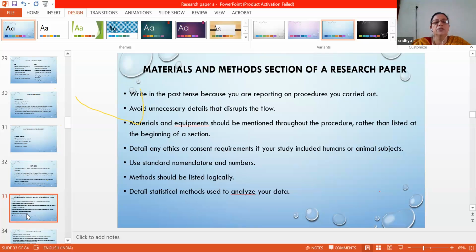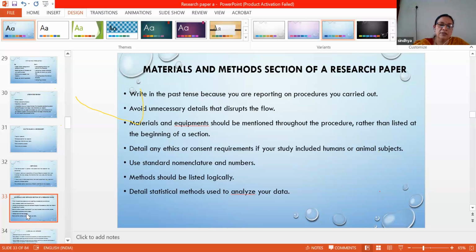Not only in the beginning, you can mention wherever required. It is not a condition that it should be mentioned in the introductory section only. So there is a freedom for the investigator to write the methodology part conveniently. So wherever required, you can add these details.